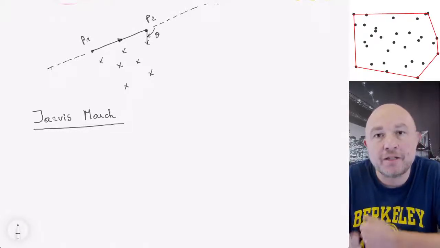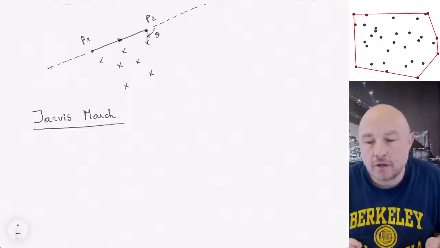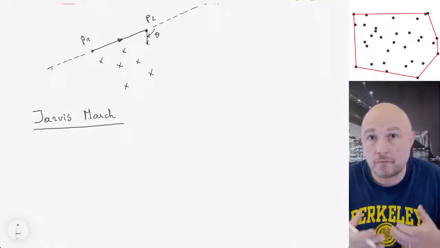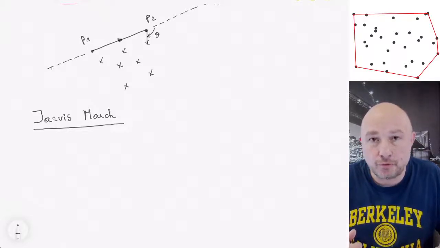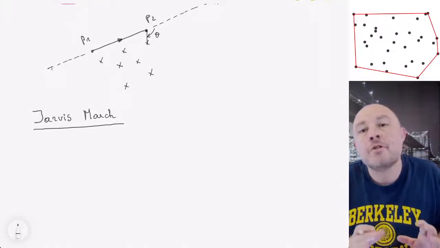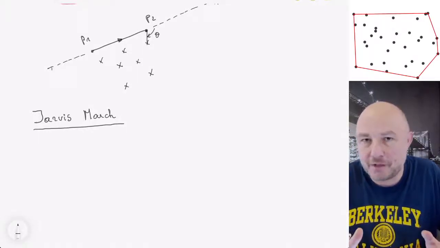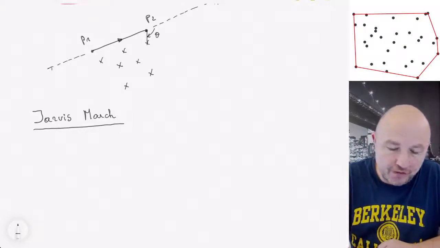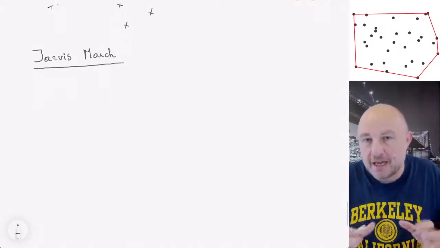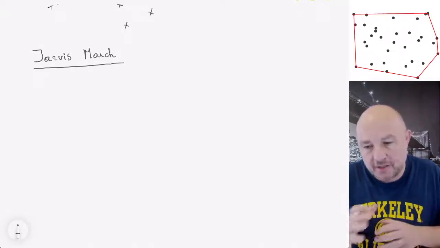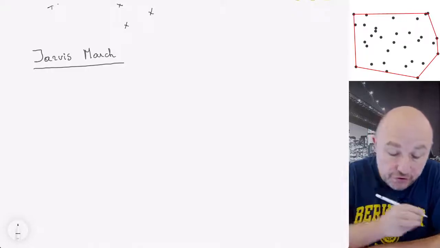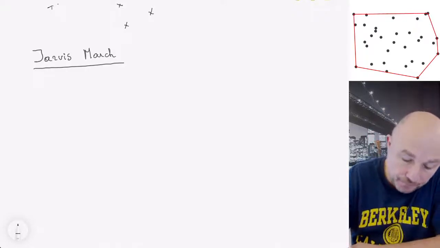When I talked about intersection of lines on the previous podcast, I gave you a complete algorithm in C that was able to compute those intersections. In this case, I'm not going to give you the algorithm because this could be part of your project, so I don't want to do that. But I'm going to try to be as clear as possible on data structures that could be used and also on the algorithm itself. First, Jarvis March.